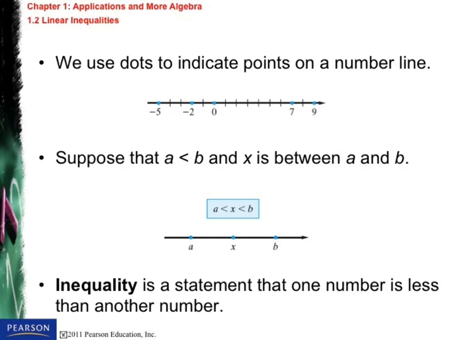A is less than B, and X is between A and B. Then you would write that as one statement. So X is anywhere between, right in here, A and B. So your statement would be A is less than X, which is less than B. It's a compound, this would be called a compound inequality.